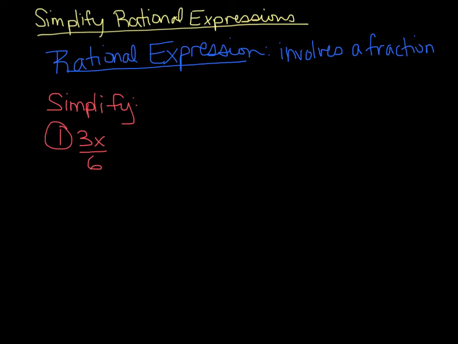You would simplify that by dividing both the numerator and the denominator by 3, which would give you 1 over 2. Do not forget to put in that x. Since there's no other x in this, we can't do anything with the x. So in the end, our final answer is just going to be x over 2.